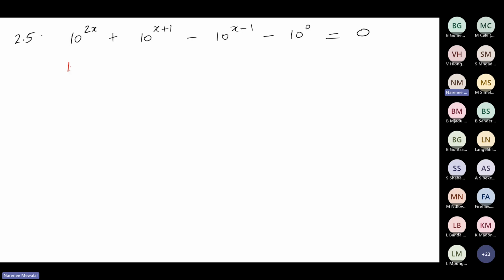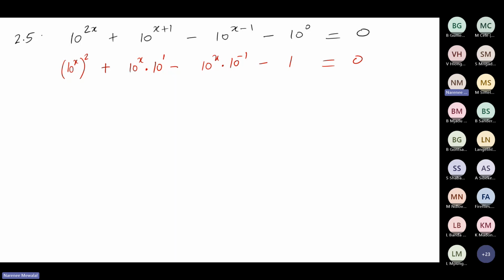So you're going to get 10 to the x all squared plus, here you'll get 10 to the x times 10 to the 1 minus 10 to the x times 10 to the minus 1 minus, and 10 to the power 0 is equal to 1. It's equal to 0. Okay.